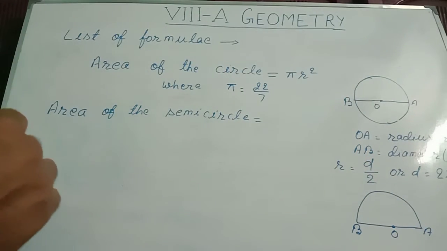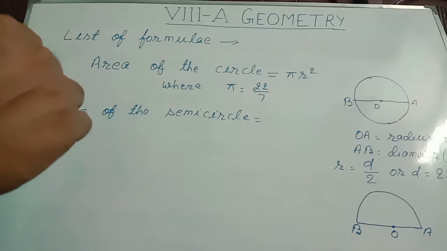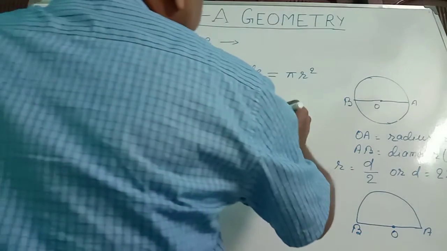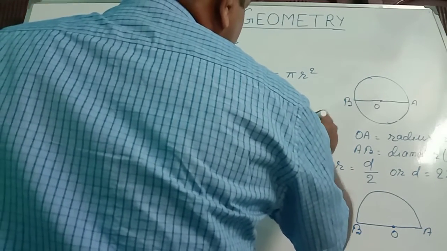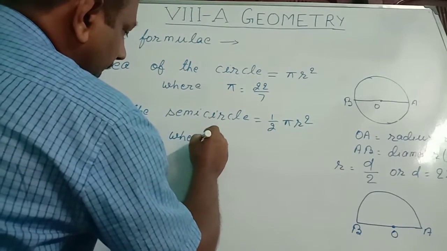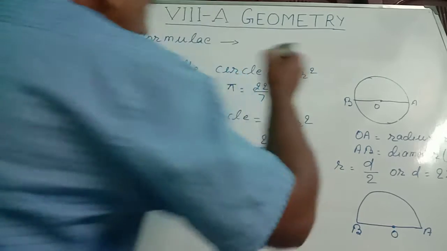Semicircle means half of the circle. So as the area of the circle is pi r square, the area of the semicircle will be 1 by 2 pi r square. Same thing, where pi equals 22 by 7.